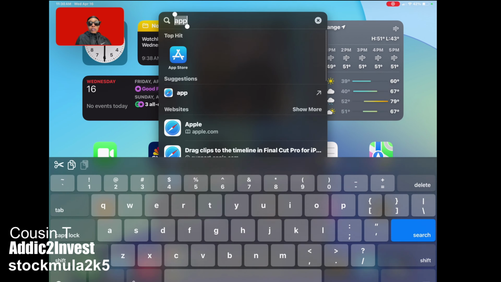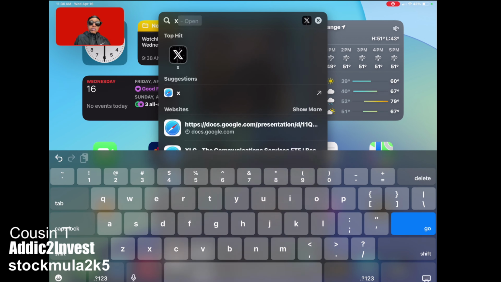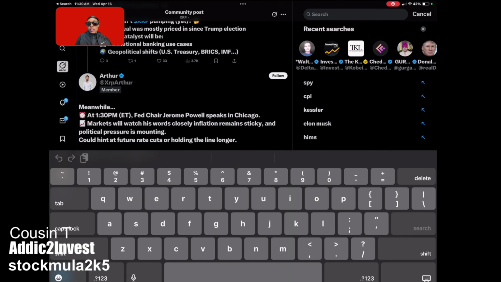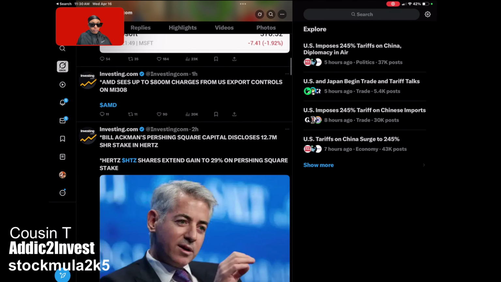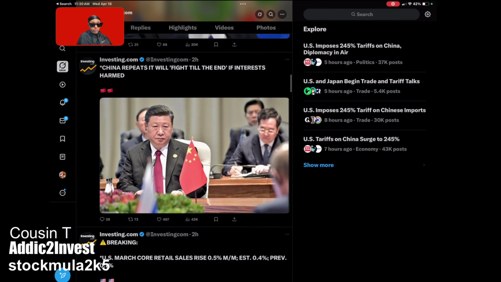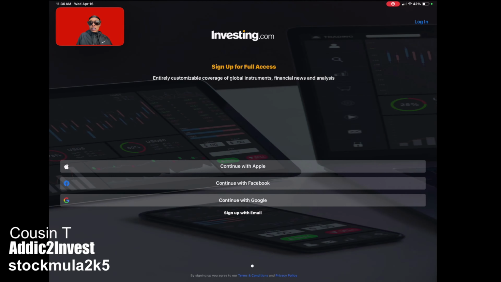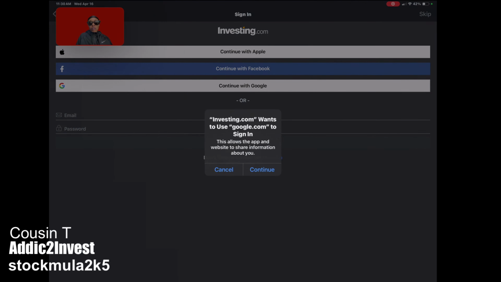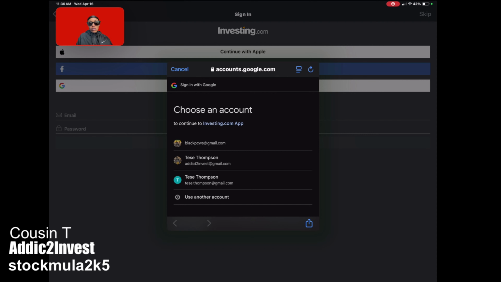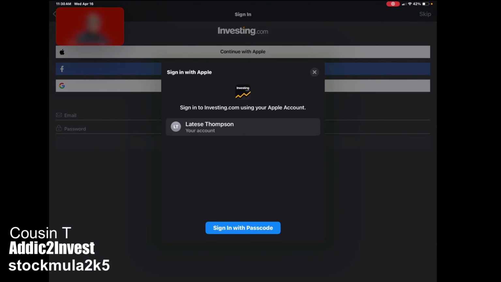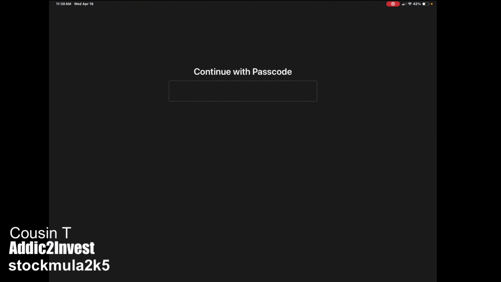The thing don't even want to work. Oh my God, technical difficulties at the worst. I don't know if they're gonna have it on their page. See, they're not gonna have it on the page. The app has it, but why is it not working? Cancel this. Go ahead with Apple. Oh my God, this is aggravating.